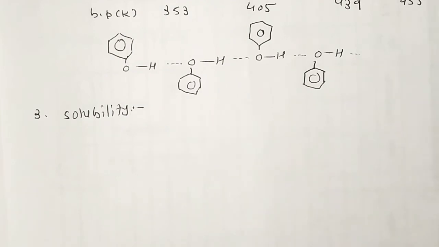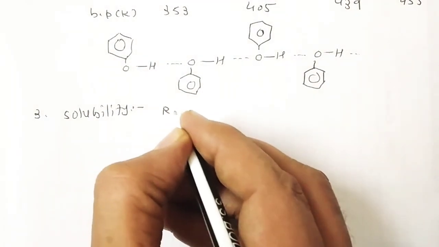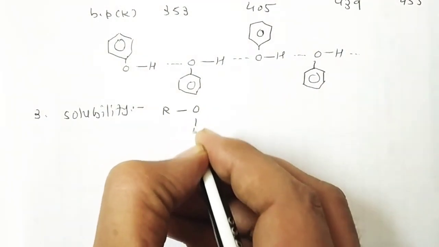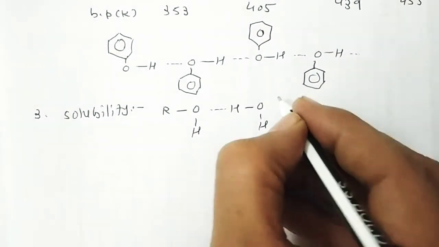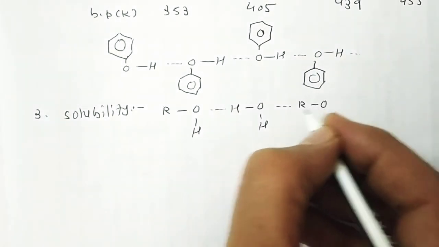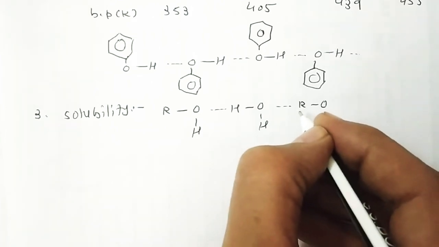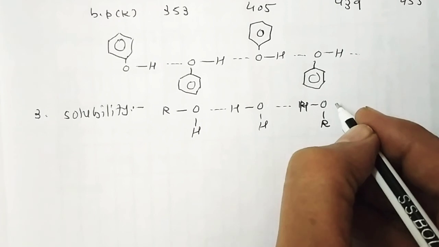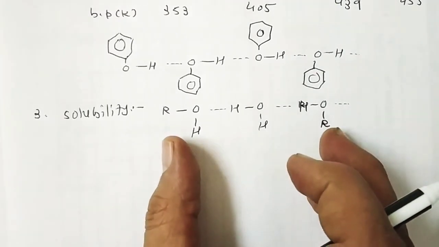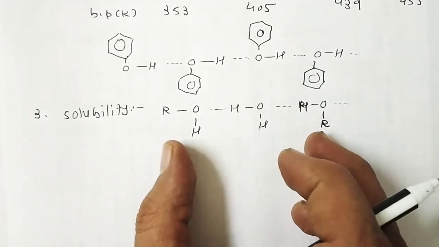Once again, the lower alcohols are highly soluble in water, but the solubility decreases with the increase in molecular mass of the alcohol. If I show the solubility like that, ROH, HOH, so there is a hydrogen bond between alcohol and water.